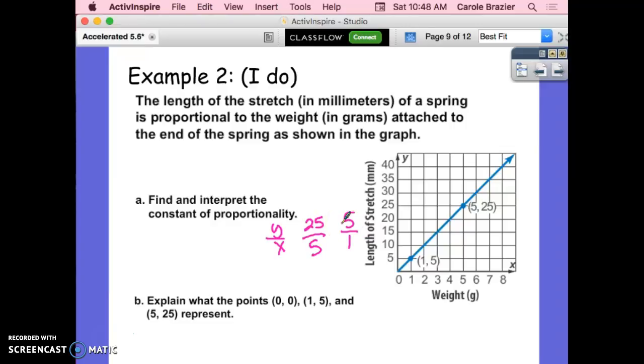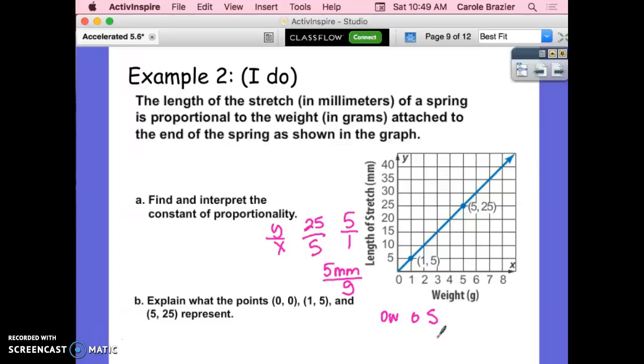Okay? So interpret means say what it means. So the unit rate means that for every gram that I add, it's going to stretch 5 millimeters. So it's 5 millimeters of stretch per gram. Okay? Then it's going to ask you to explain what these points mean. So 0, 0 would mean that I have no weight and I have no stretch.